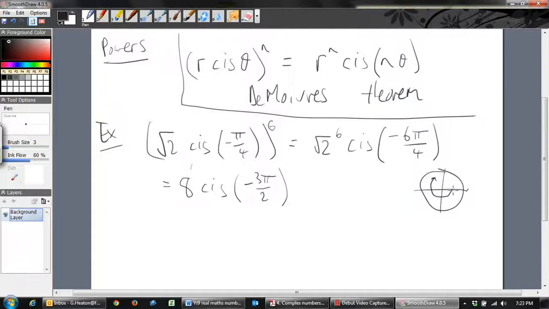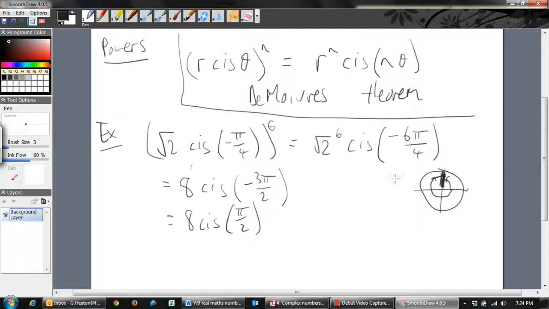Okay, so there's negative pi on 2, there's 2 pi on 2, 3 pi on 2, oh sorry, it's right there, so it's gone way too far. The other way to write that would be positive pi on 2, so equals 8 cis pi over 2. That's what this answer would be equal to.